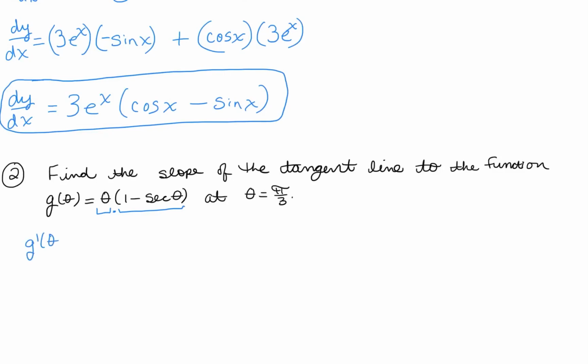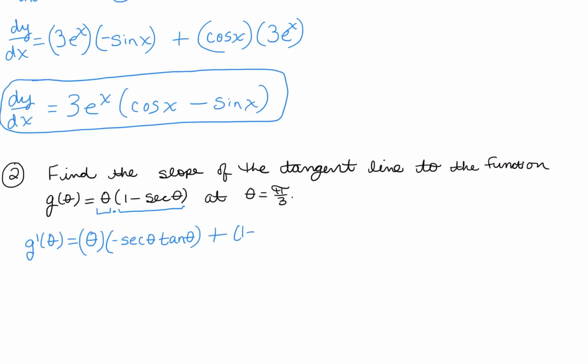So g prime of theta is going to be the first function left alone, so theta, times the derivative of the second factor. Derivative of 1 goes to 0, of course. The negative gets carried along as a constant multiple, and the derivative of secant of theta is secant of theta tangent of theta. And then plus, we change that order.